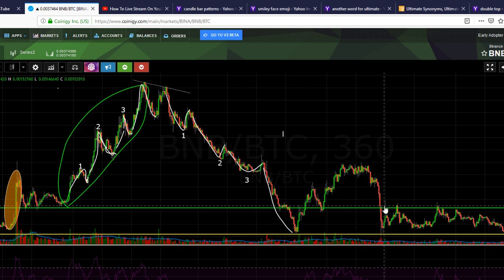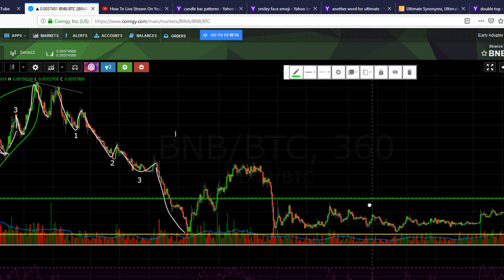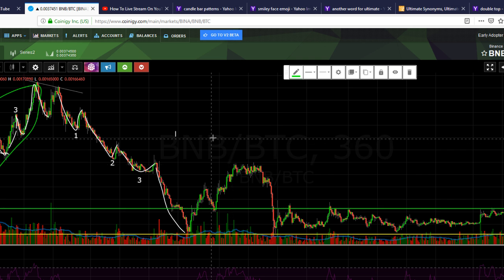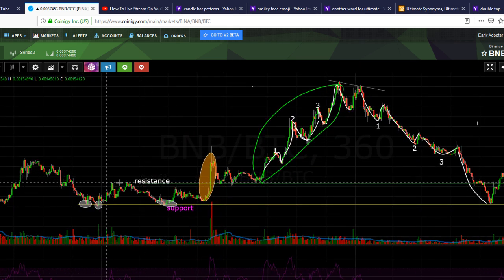So this means that this support has no type of validation here. Like, it's completely broken. Now, as we continue going further, the way I put the green and yellow trend lines is very important. Before, I was just looking at this area here. I didn't look at the further end of the chart.